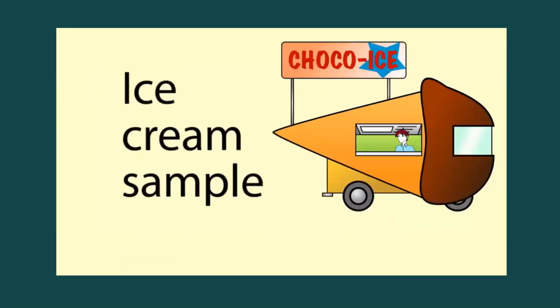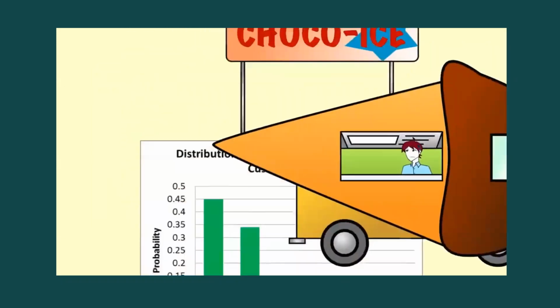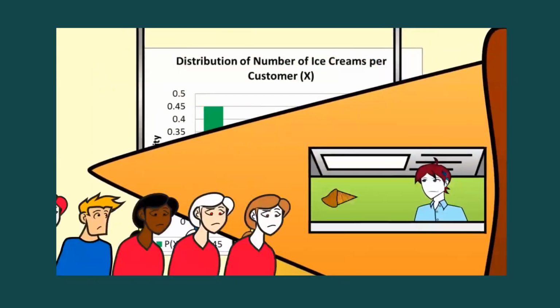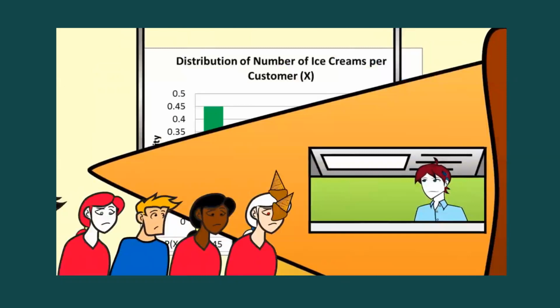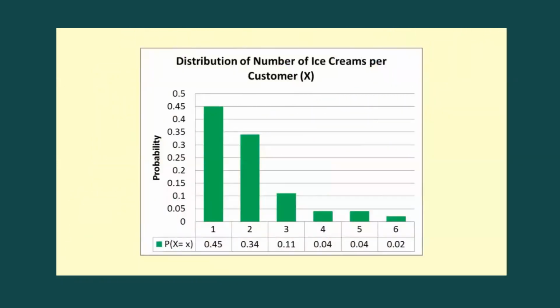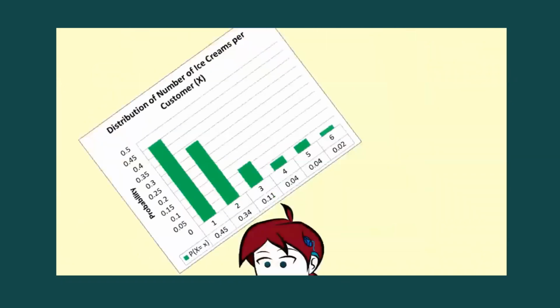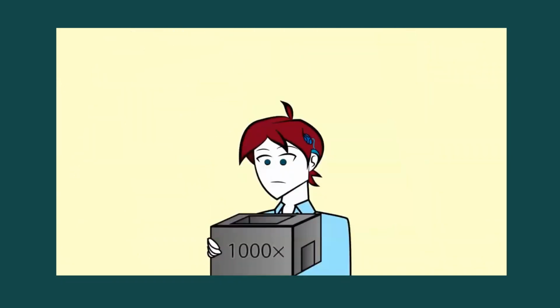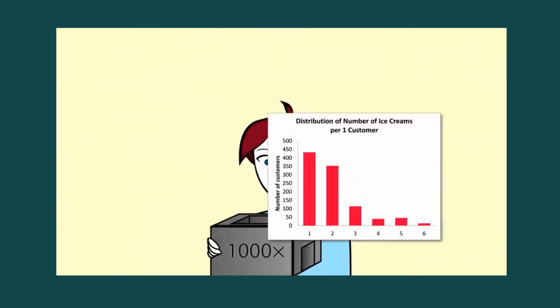Here is an example of what I mean. This is the distribution of number of ice creams purchased per customer at Luke's ice cream stand. It is based on data he has collected over the last few weeks. It is clearly nothing like a normal distribution. We run a simulation of 1,000 customers and see what the distribution looks like.